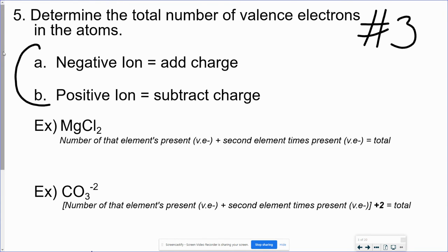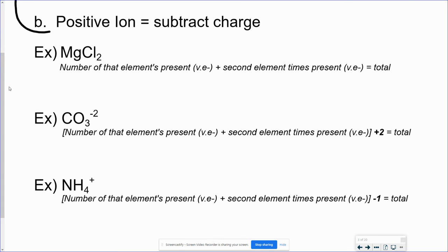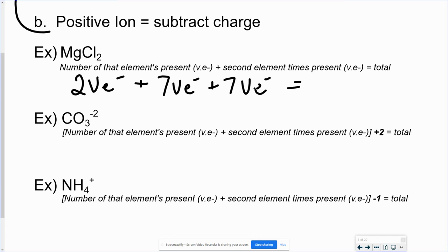So for example, with magnesium and chloride, you have 2 valence electrons from magnesium. You then have 7 valence electrons from each chlorine, giving us a grand total of 7 plus 7 plus 2, 16 valence electrons. So you would just write 16 in column number 3 if you had MgCl2.